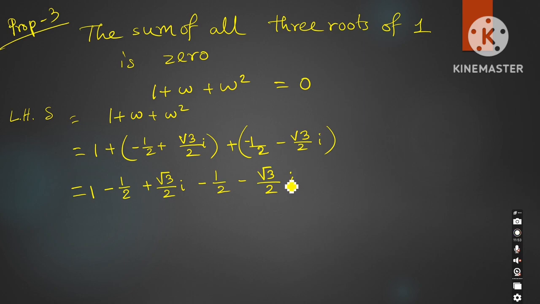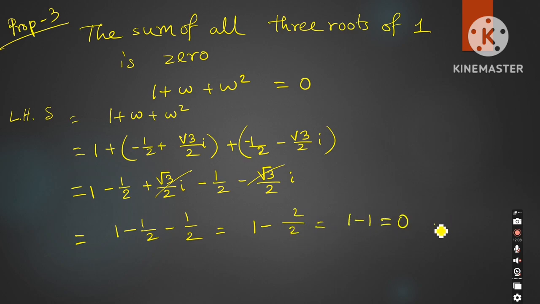Here you can clearly see this is 1 minus half minus half. So 1 minus, this stands for 2, that is 1 minus 1 equals 0, and it is the right hand side. So we can clearly prove that 1 plus omega plus omega square is 0.